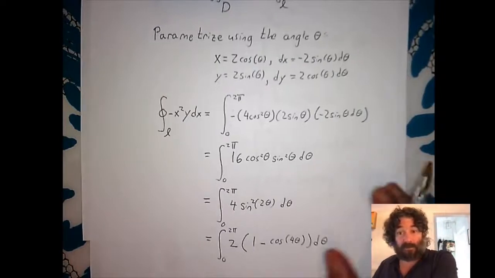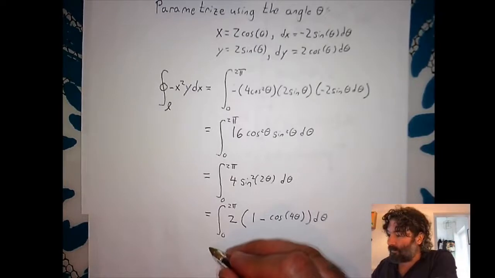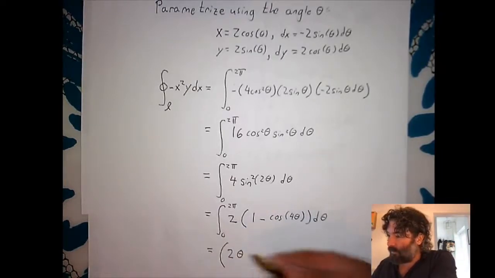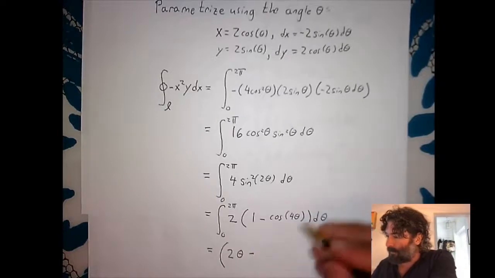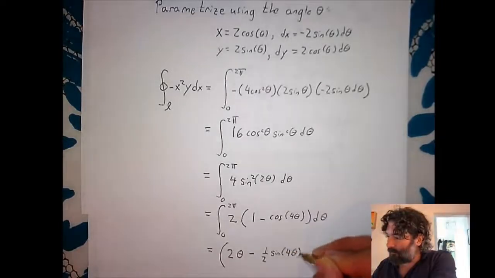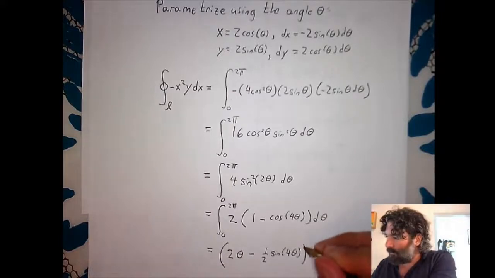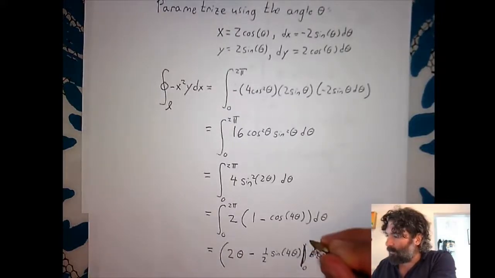And from this we can recognize the antiderivative. And so we would get 2 theta minus 1/2 sine of 4 theta, evaluated from 0 to 2 pi.